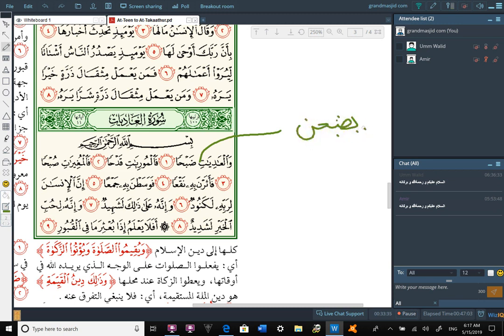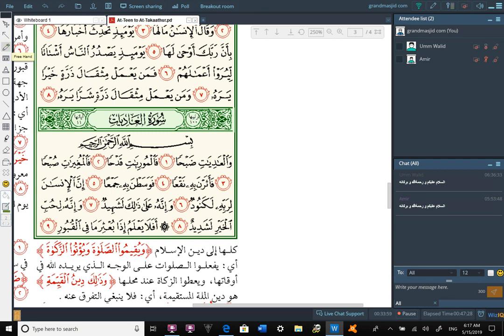Those running horses, yadbihna dabha, they're snorting a snort. But this could also be considered the hal by some others: those horses, and their condition is they are snorting.